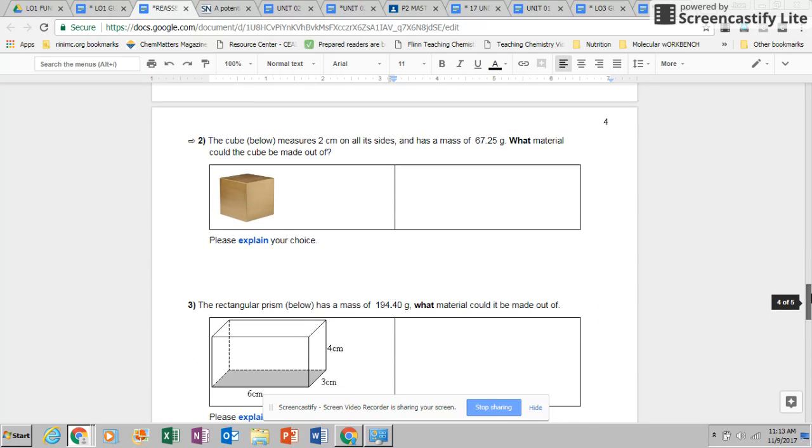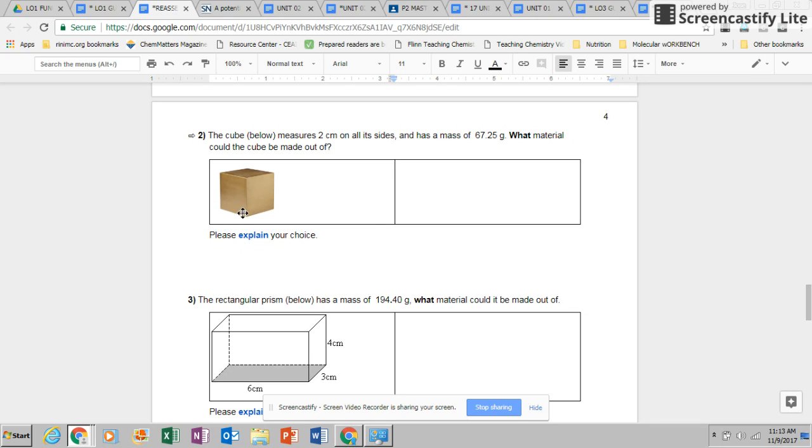The following cube is a regular object because it has a length, a width, and a height. It's a cube, so they're all the same. In this case, we would plug in the mass, which is 67.25 grams, and divide it by the volume. 2 times 2 is 4, times 2 is 8, so it would be 8 centimeters to the third, or cubed, or cc, because we have centimeters times centimeters times centimeters.